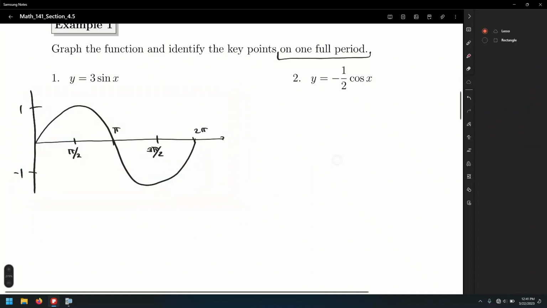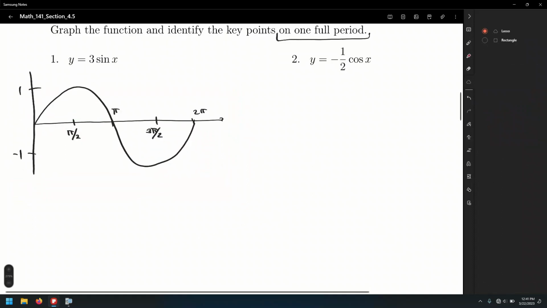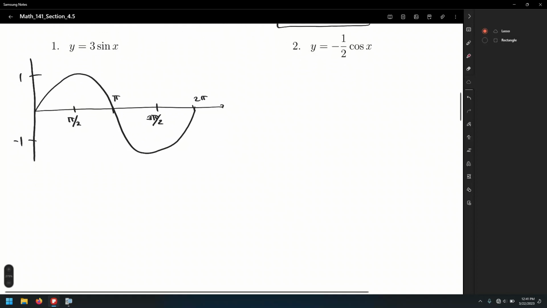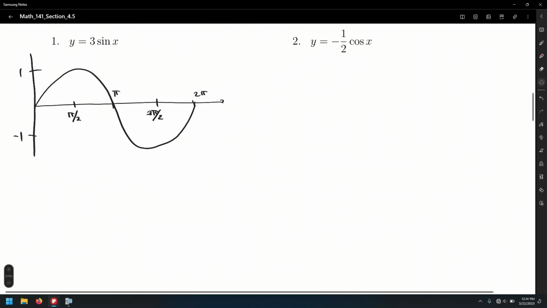Might need more space. Well, this is what I'm going to do. I'm going to list the 5, and guys, I recommend you write all these ordered pairs.